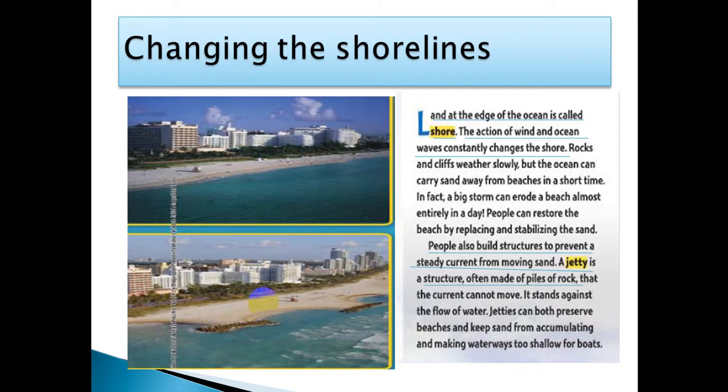A jetty is like a wall made of rocks to slow down waves. While waves come very fast, they hit the jetty and then the water slows down. So the waves will not reach the shore and will stop putting sand back on the shore, and this will not make the beach or the water at the shore shallow.